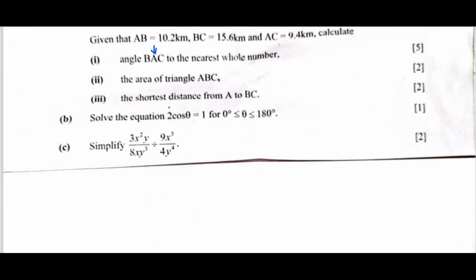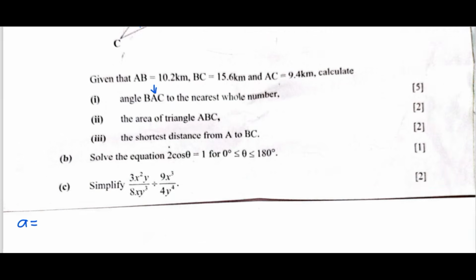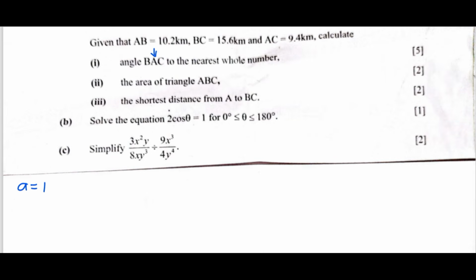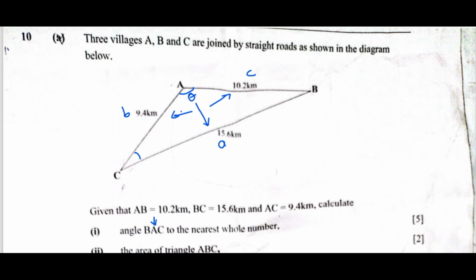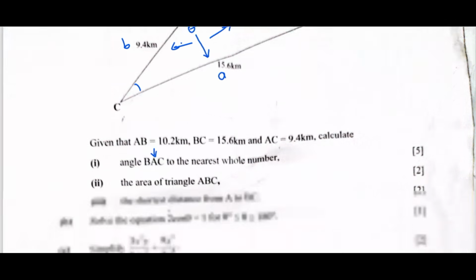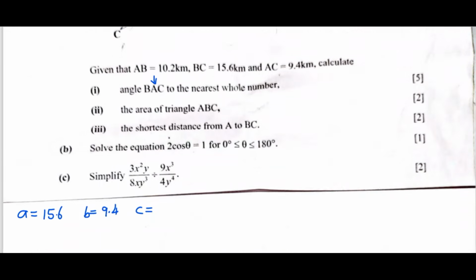So we know that according to this diagram, our A is 15.6, then our B is 9.4, then our C is 10.2.